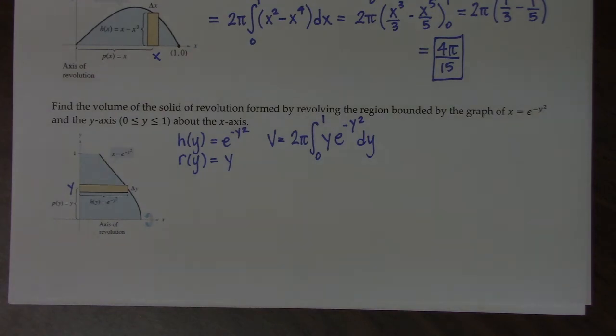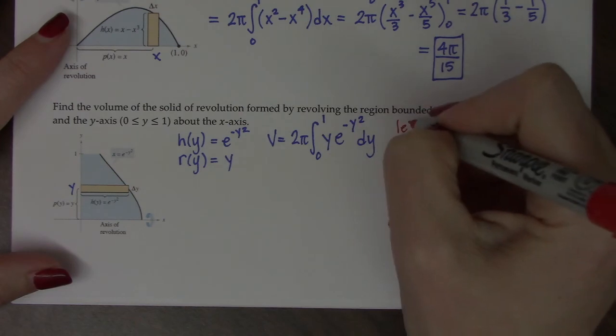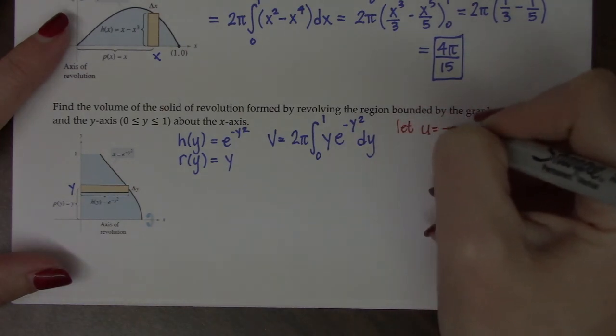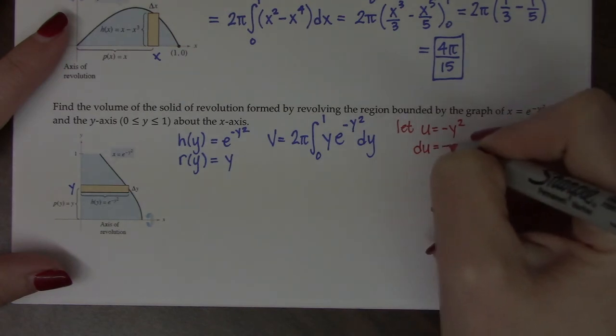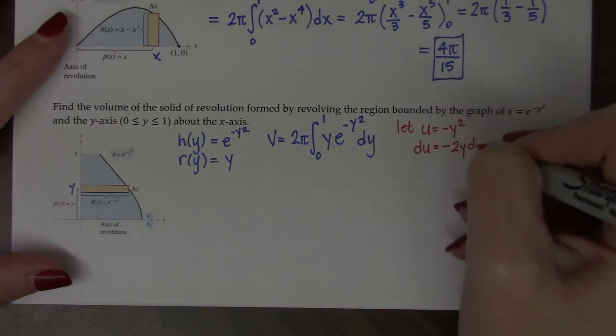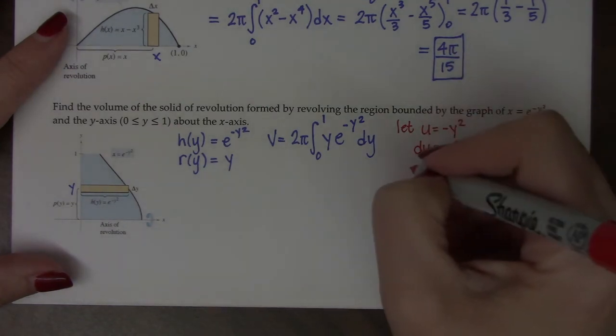And when I do my u substitution, I want to let u be negative y squared. du will be negative 2y dy. When I solve this for what I have, well, I've got the 2, I've got the y, and I've got the dy. I'm going to have to put in a negative du.